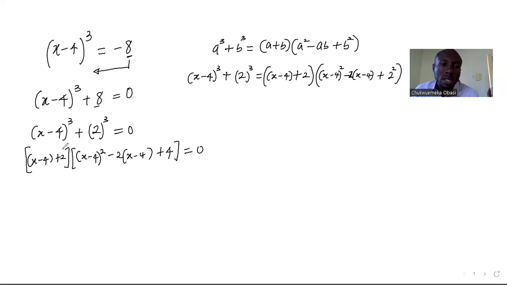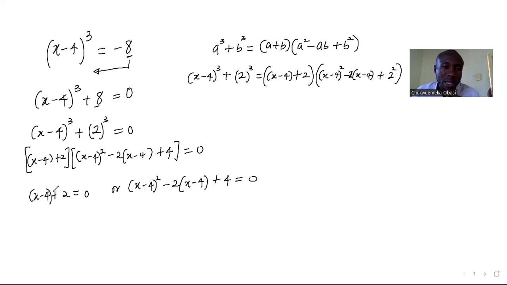Now you see we have the product of these two factors multiplying to be 0. It means that either this quantity is 0 or this quantity is 0. So it's either x - 4 + 2 = 0, or all this quantity here, which is (x - 4)^2 - 2(x - 4) + 4 = 0.